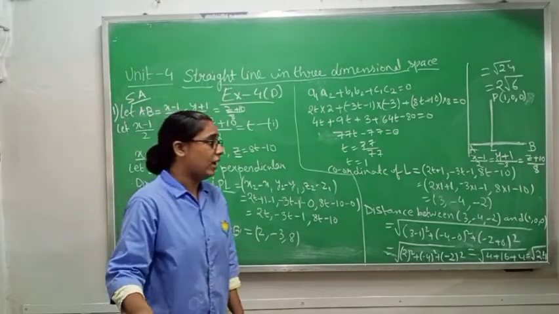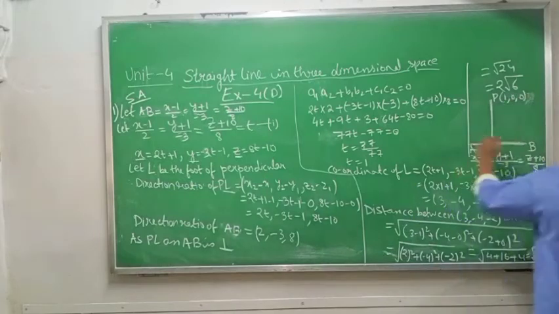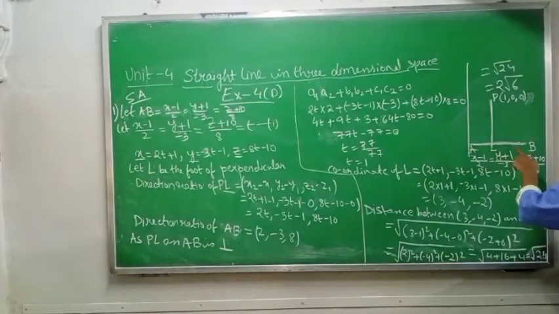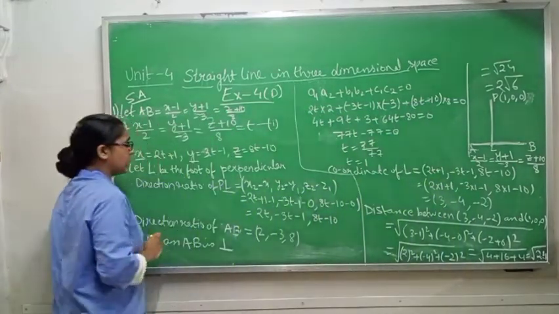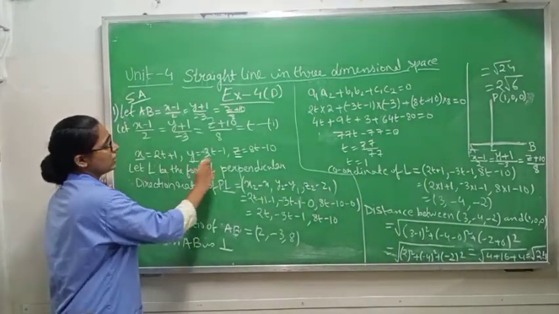You can ask why. Because L is lying on AB. The foot of the perpendicular lies on AB. It means that whatever x is there, we can take that as the L point. That is why L is this and this.